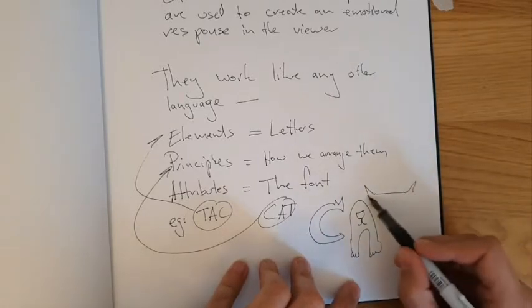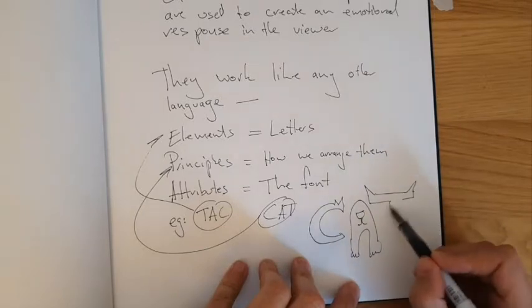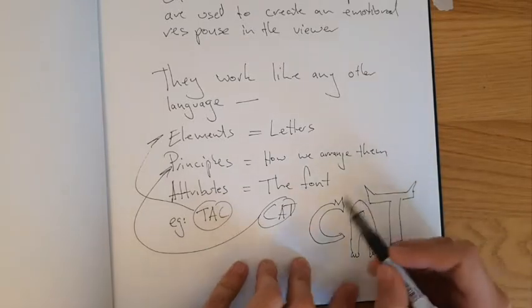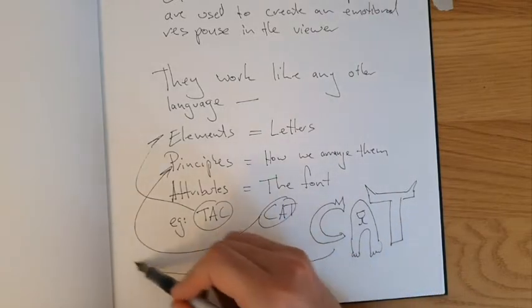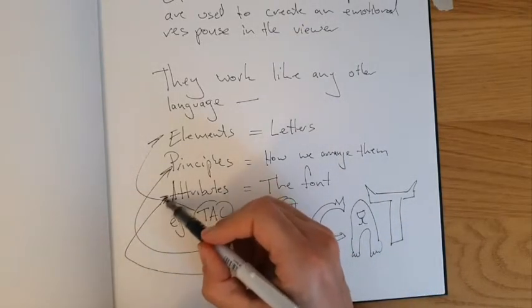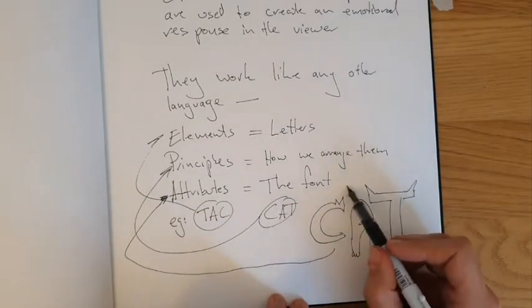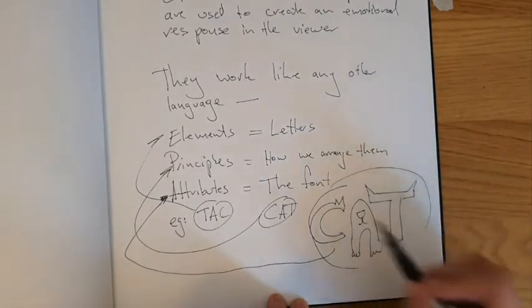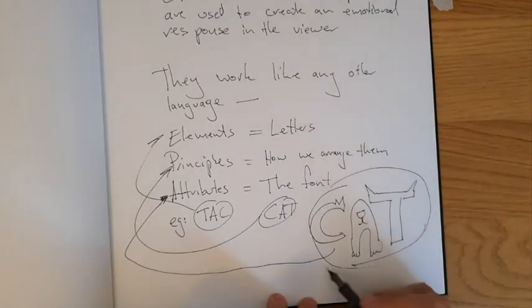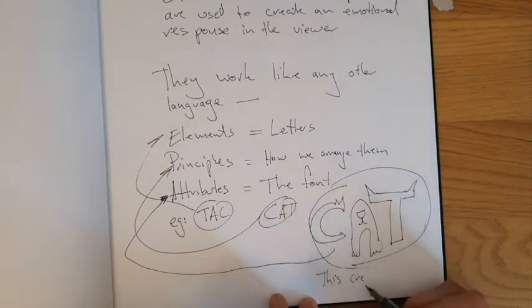Now, as you can see, when we just look at our elements and principles together, we get the basic message. And when we explore our attributes, we can get that message in a more meaningful or more exciting way. So while we'll just be discussing the elements and principles today to understand the basic building blocks, it's really important that we understand that attributes are as important as well.